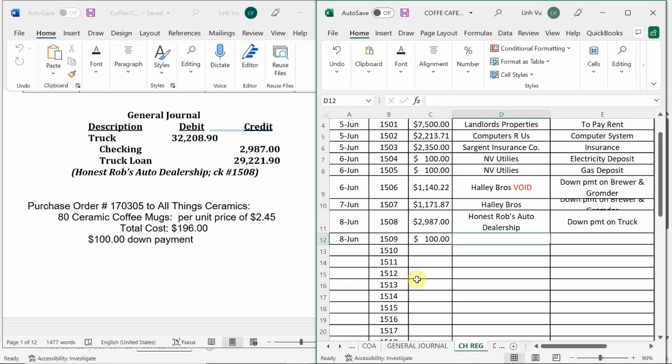Why do I see it on the truck? I don't know where you're looking, but we're not on the truck anymore. I'm writing a check to buy coffee mugs. I have on my screen the truck checking, truck loan.